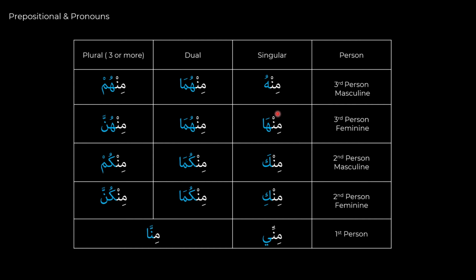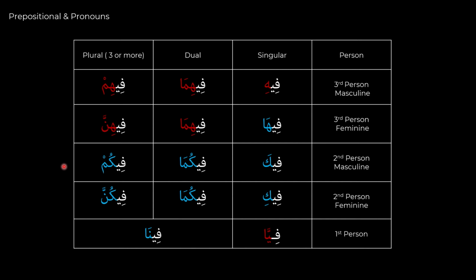So in this case, it would be minhu, so from him, minhuma, from them, minhum, from them, minha, from her, minhuma, from them, minhunna, from them, minka, so from you, minkuma, from both of you, minkum, from all of you, minki, from you, minkuma, from both of you, minkunna, from all of you, minni, from me, minna, right? So from us.